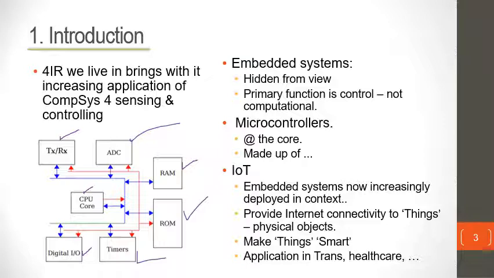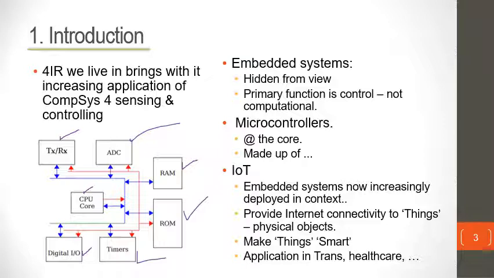An IoT application, in this case, is an increasing way of deploying embedded systems. Most of the embedded systems currently are being deployed in the context of IoT, which is why it is our interest in this particular module to explore the use of embedded systems within the IoT.